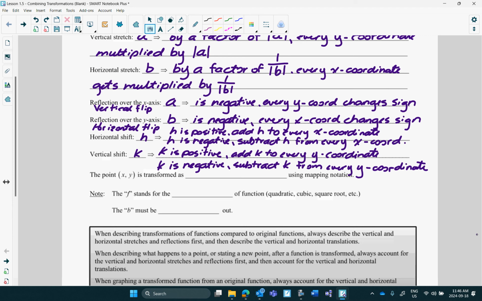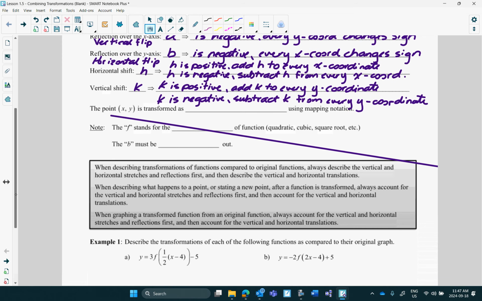What that means in terms of formulas for new points: if all 6 transformations happened, every new point would look like this. Well, for the x's, if they flip horizontally, there's a negative, right? If they stretch horizontally, they stretch by this much.